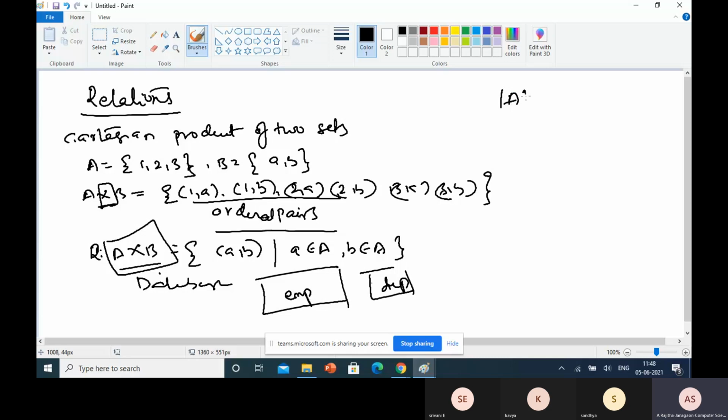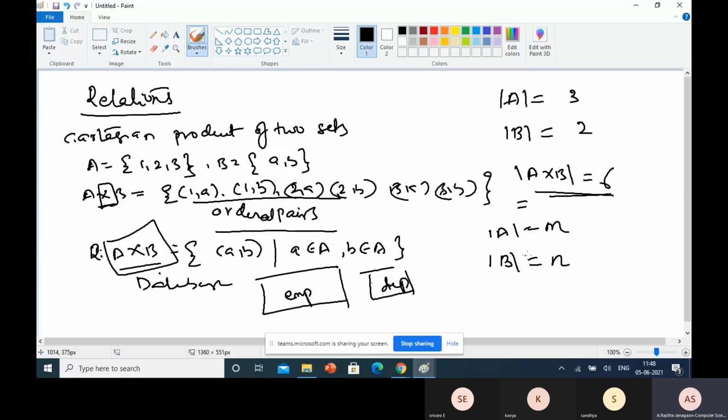Suppose this is the cardinality of A and this is the cardinality of B. Here the cardinality of A is 3 and the cardinality of B is 2. Now what is the cardinality of A cross B? That is 6. You can count: 1, 2, 3, 4, 5, 6. In general, if the cardinality of A is m and the cardinality of B is n, then the cardinality of A cross B is m into n.